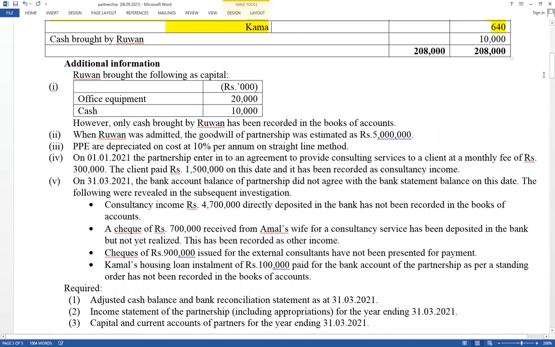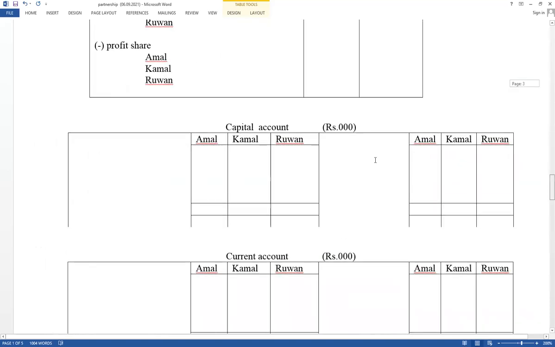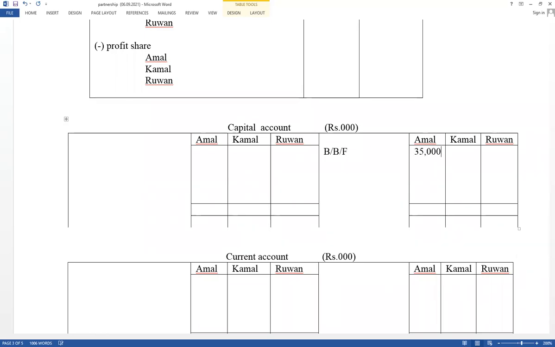Therefore, capital account credit side. Take the balances as brought forward. 35,000 and 25,000, as a balance brought forward. Amal 35,000, Kamal 25,000. Ruwan, there is no balance. Reason, Ruwan was admitted at the beginning of the year.